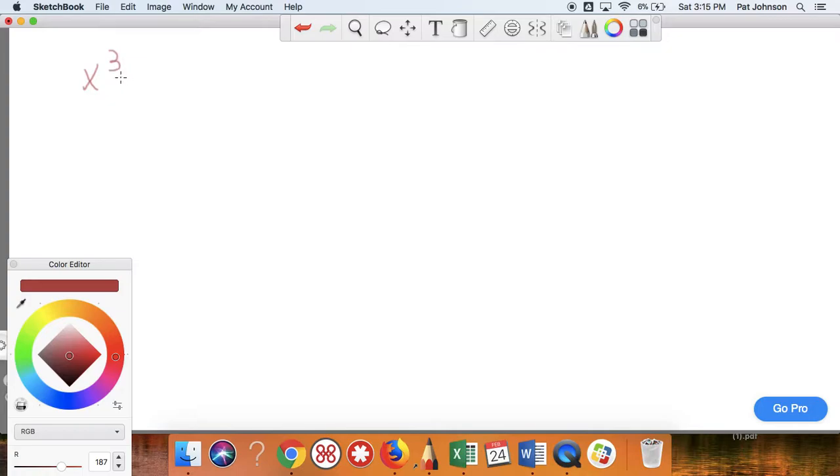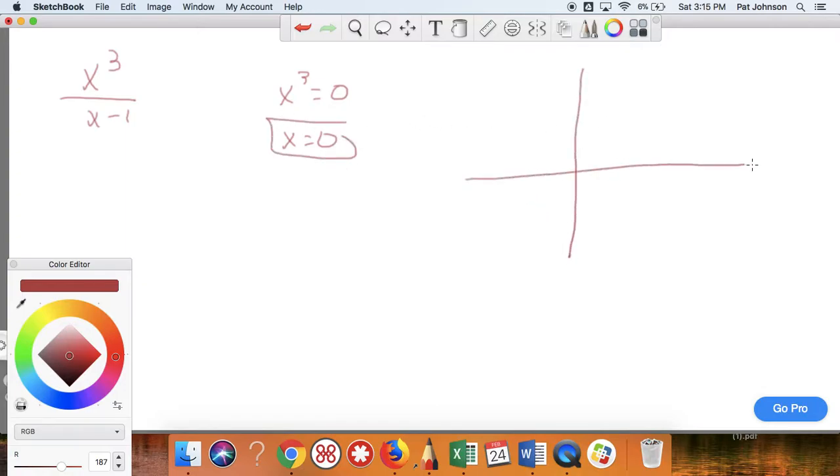Find my example 1: x cubed over x minus 1. So the first thing we want to do is find the zeros. We take the numerator a of x and set it equal to 0. When we solve, we get x equals 0. Okay, so we know that it's going to cross here.